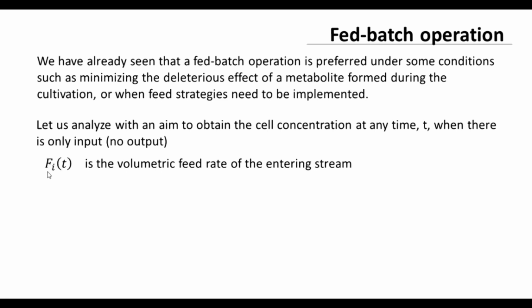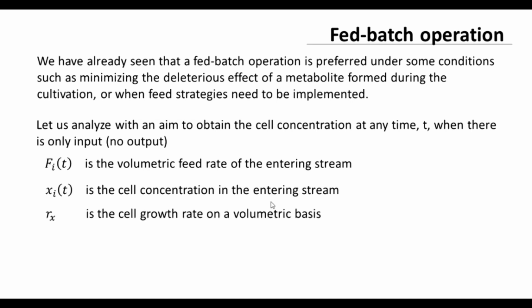Let us say that Fi as a function of t is the volumetric feed rate of the entering stream, and Xi of t is the cell concentration in the entering stream, just for generalization. It's not a sterile feed. And Rx is the cell growth rate on a volumetric basis.